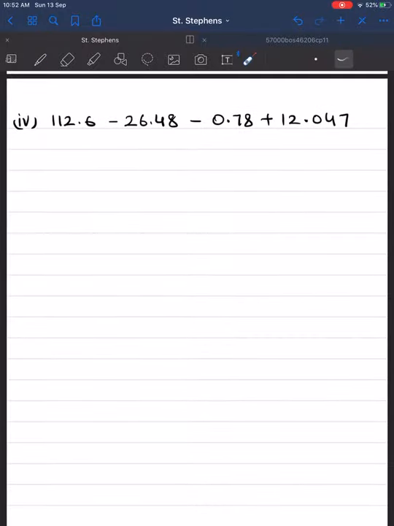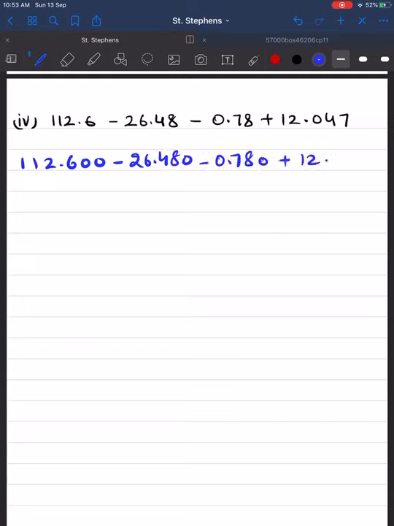Here the maximum number of decimal places is 3. So let's convert all decimal numbers into like decimals having 3 decimal places. So we get here 112.600 minus 26.480 minus 0.780 plus 12.047. Now we arrange positive decimal numbers together.